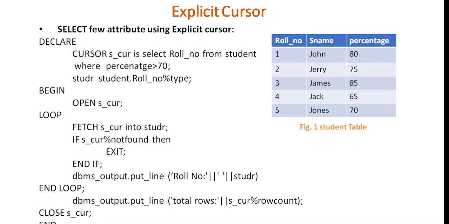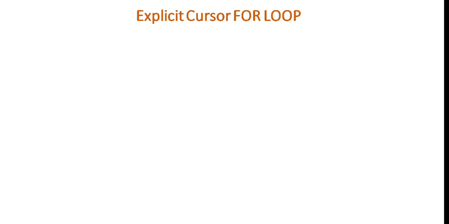Then I'll declare another variable, suppose s1, student.sname%TYPE. Meaning if I want to fetch two attributes, then I need to declare two simple variables along with the cursor. So this is how you can fetch a few attributes by using an explicit cursor.